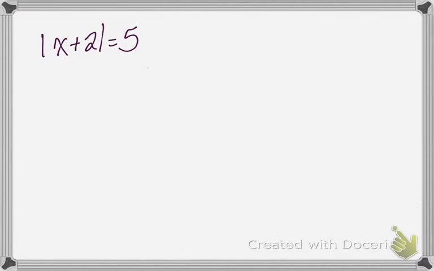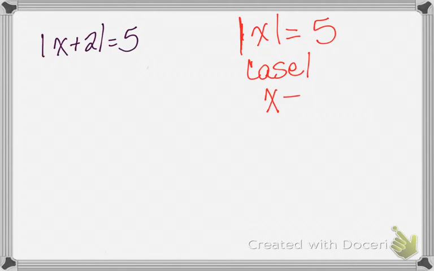Okay. So, in this situation, before we do x plus 2 equals 5, if I tell you that the absolute value of x equals 5, case 1 is going to be that x equals 5.